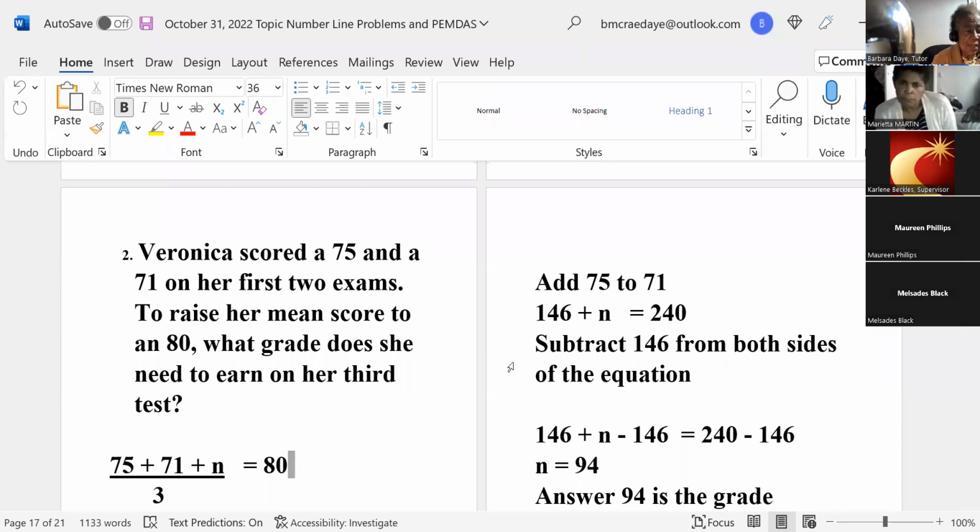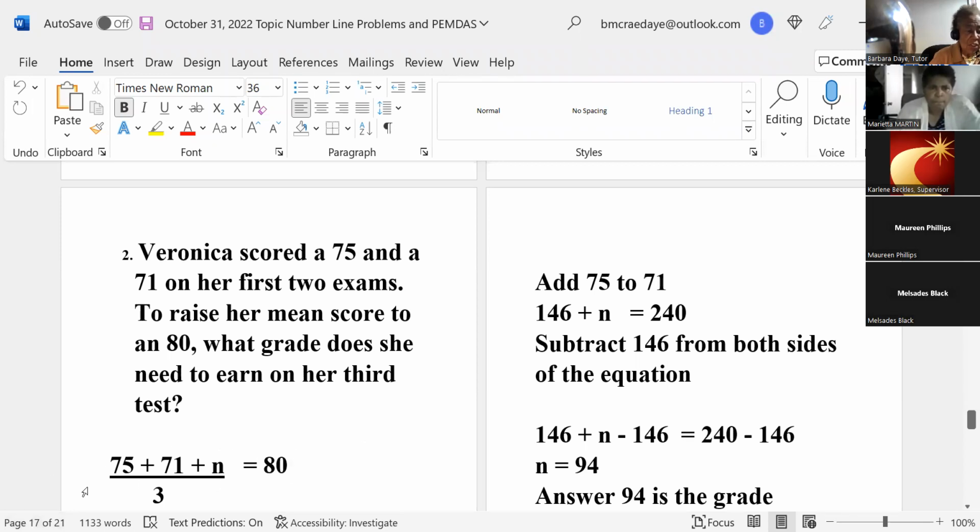Now, what this means is that if she has 2 scores and she needs a 3rd score, when you add those scores up and divide by 3, that gives you the mean. Here we go: 75 plus 71 plus an unknown score n, divided by 3, will give you 80. So we set this up and solve for n.